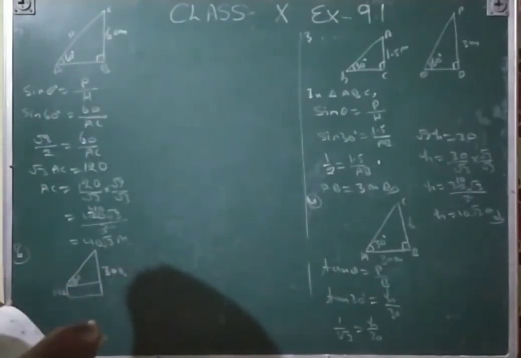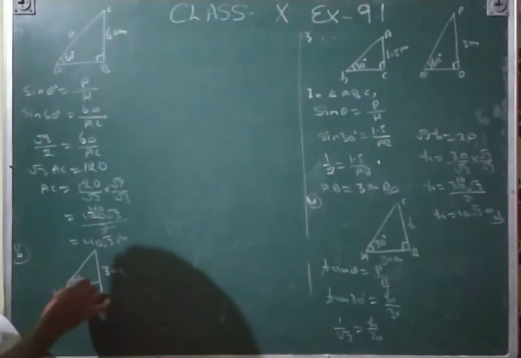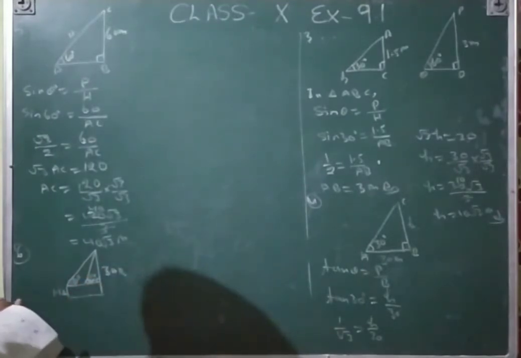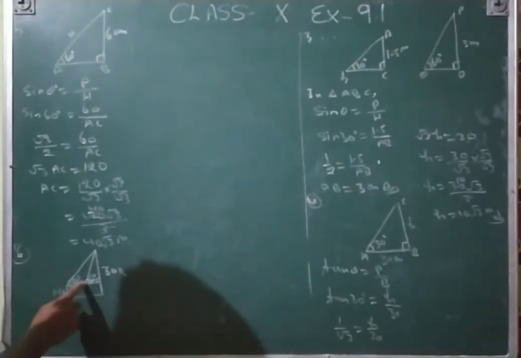And then it increases from 30 to 60 as he walks toward the building. If he walks toward the building, then after some time the angle will be 60 degrees. This is 90 degrees, and this is 60 degrees. So find the distance walked toward the building. How much distance has the boy traveled?